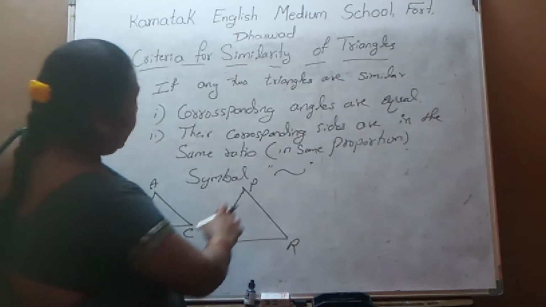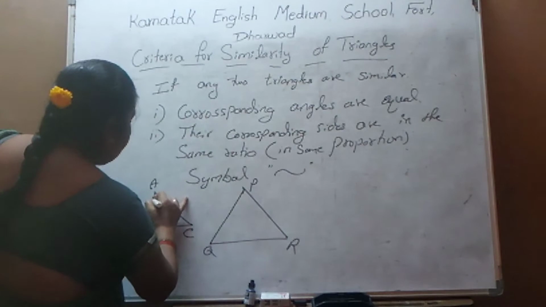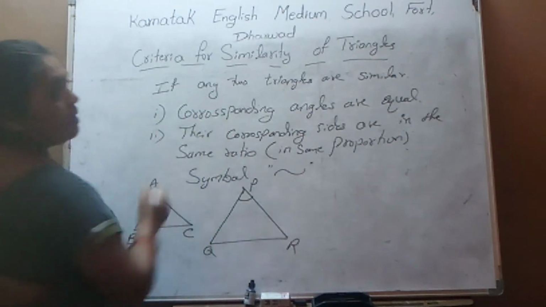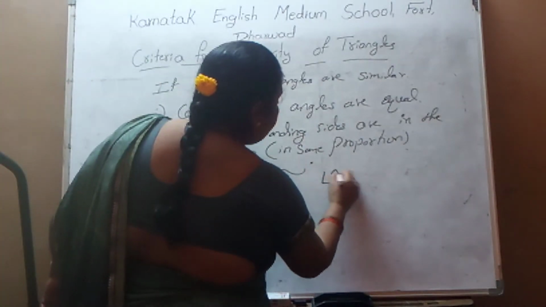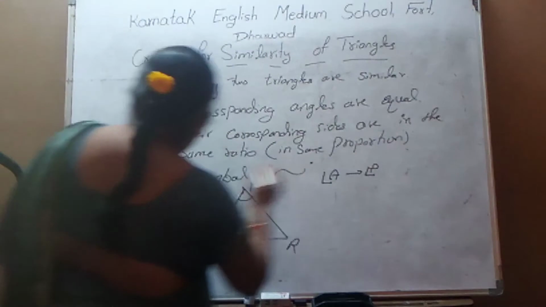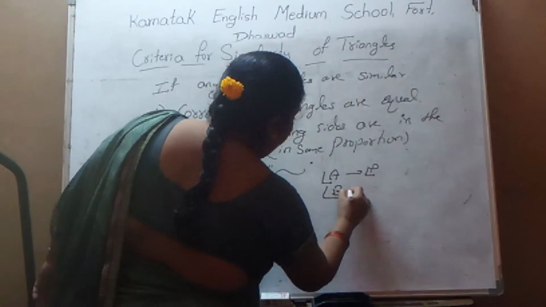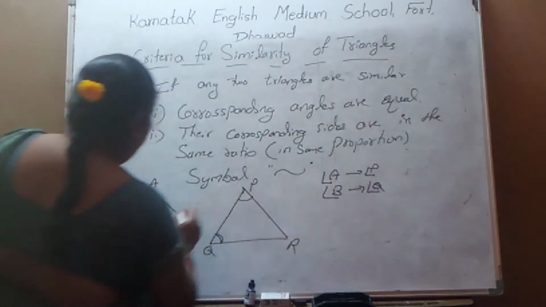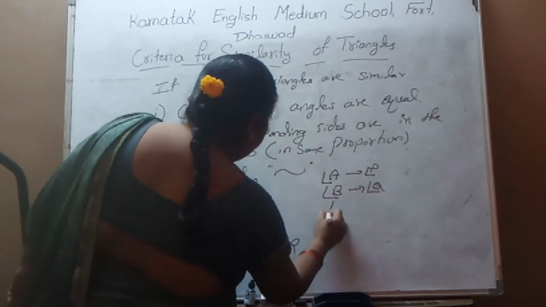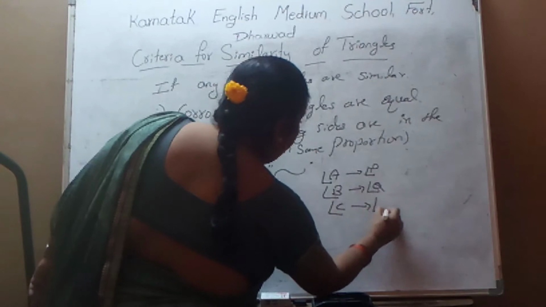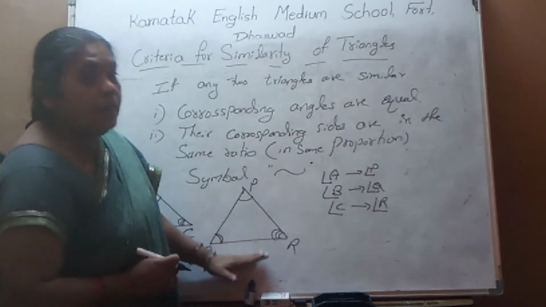Triangle ABC and triangle PQR are similar when their corresponding angles are equal. Corresponding means angle A corresponds to angle P, angle B corresponds to angle Q, angle C corresponds to angle R.